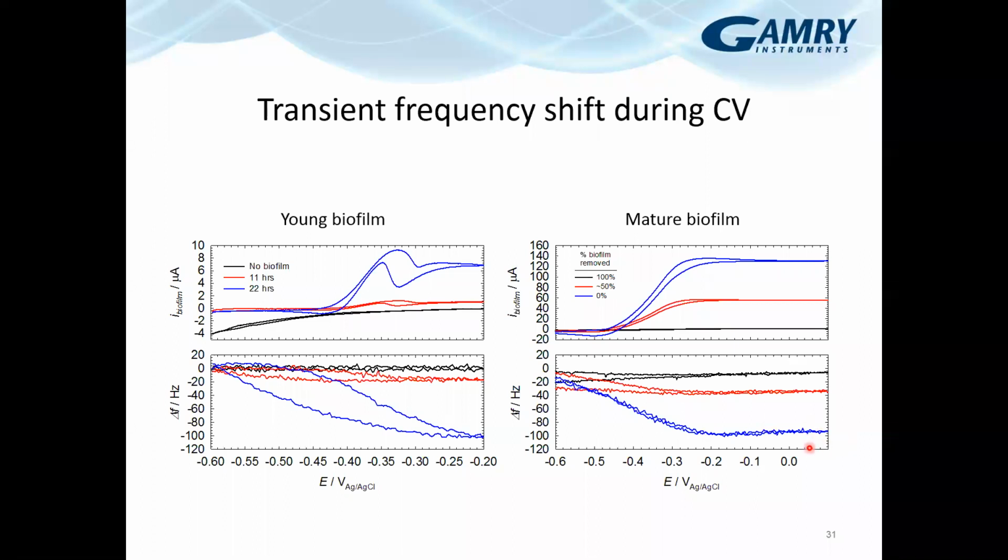My interpretation of this type of frequency shift response is a change in the elasticity of the biofilm. This is actually supported by some in situ NMR measurements that we made. If you're interested in these measurements, contact me afterwards, and I'll give you all of the references.